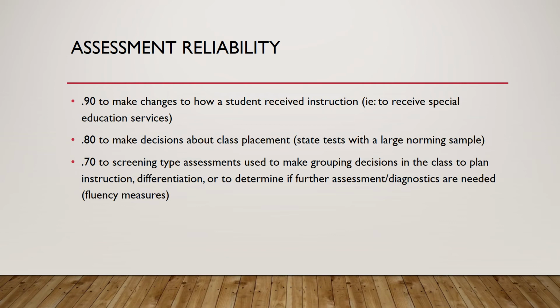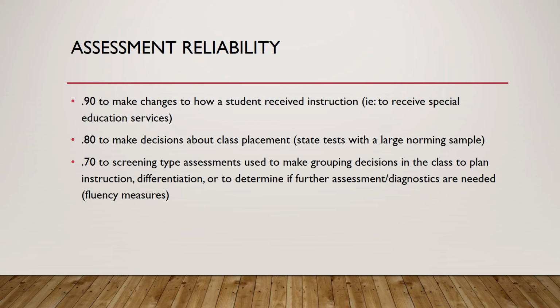So those assessments have to have a 0.80 reliability. And then when you're looking at screening type tools, that is going to fall in the 0.70 category. That means we're getting a little less, we're getting farther away from being accurate or getting the same score each time a student tests.